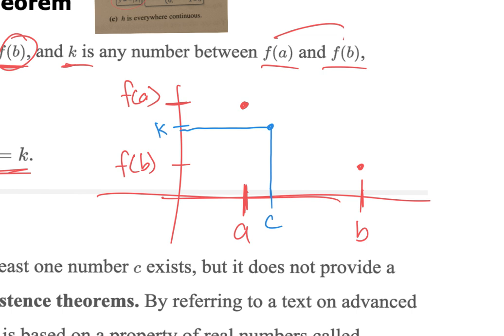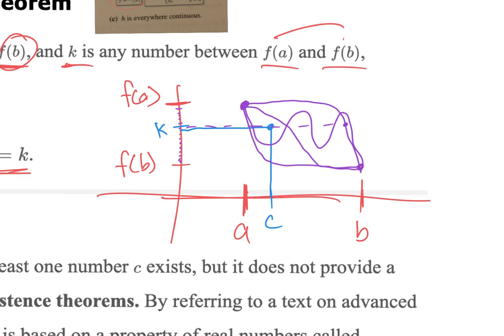And essentially what this means is you cannot draw a continuous function from f of a to f of b without passing through all of these points here. Okay, now maybe it comes here and then goes down, but you pass through k. Maybe it drops real quick. Maybe you go through it multiple times. We can't tell that information from this theorem.